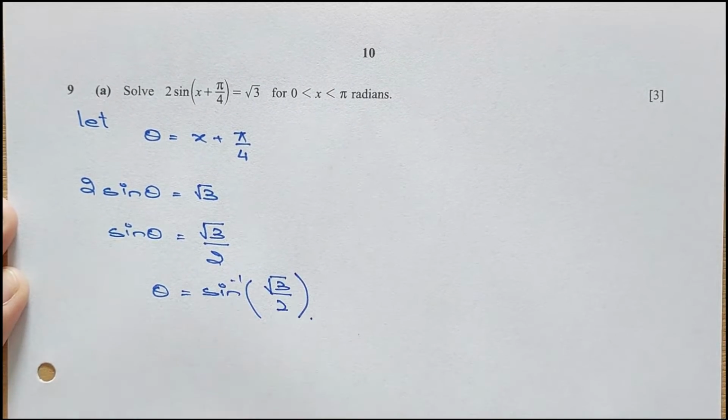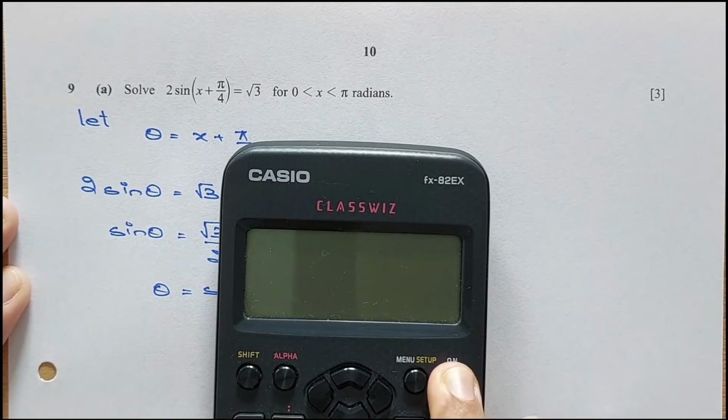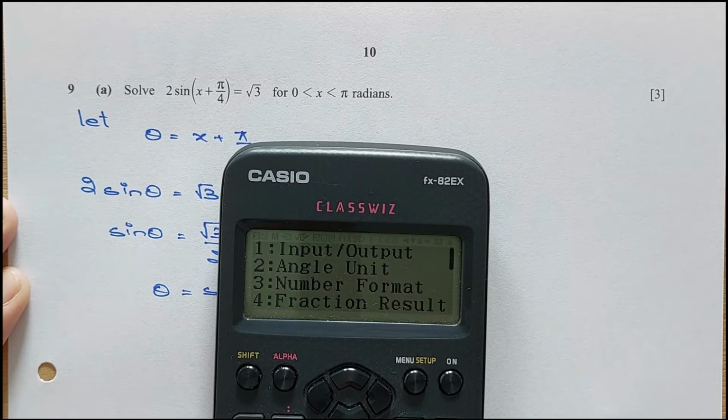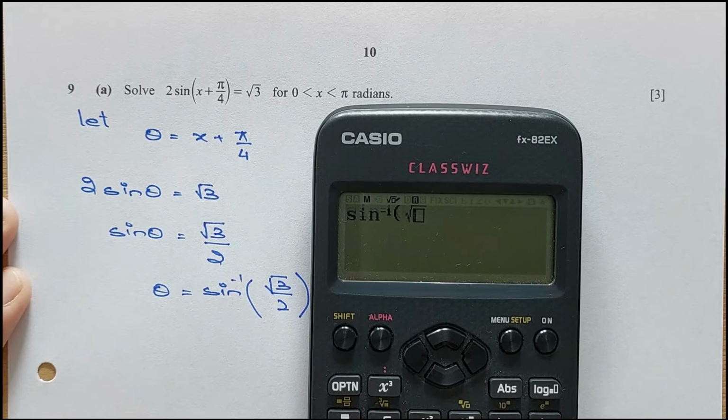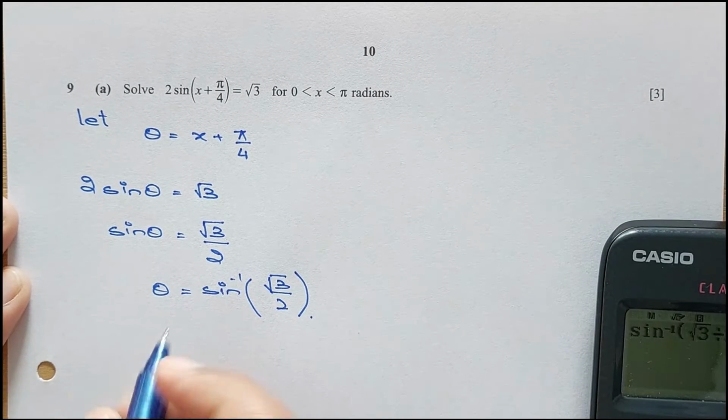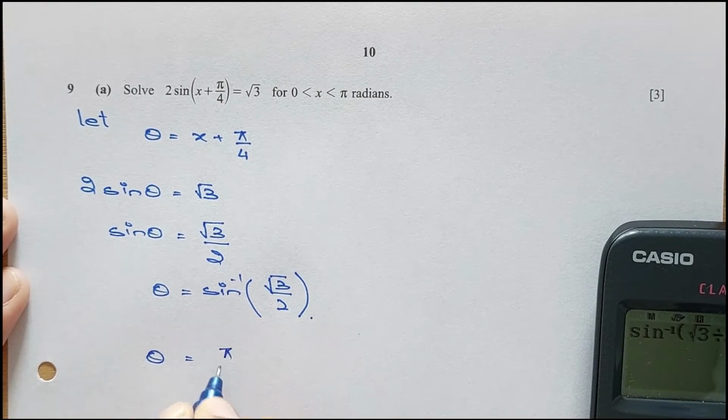It is in radians, so let me convert my calculator into radians first and now find sine inverse of square root of 3 divided by 2. So pi by 3. So theta equals pi by 3.